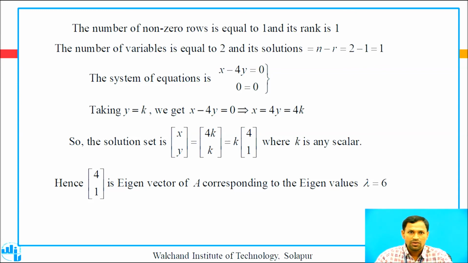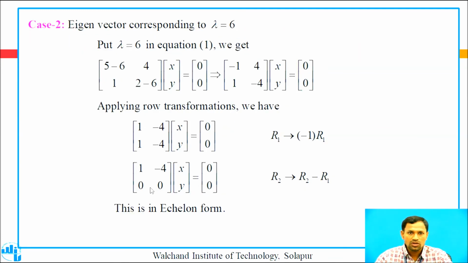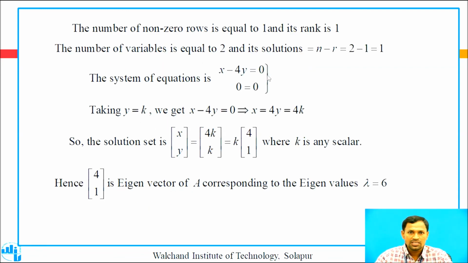The number of variables is equal to 2 and its solution is n minus r, that is 2 minus 1 equal to 1 solution. The system of equations is x minus 4y equal to 0, 0x plus 0y equal to 0. Taking y equal to k, we get x minus 4y equal to 0, x equal to 4y, which is equal to 4k.